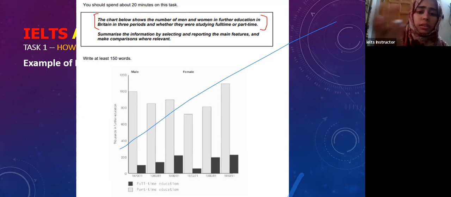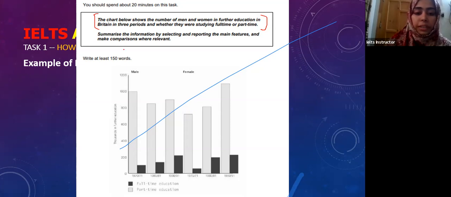So just use the same sentence, change the words, and you will be good to go. You can say that we are going to describe the trends of women and men for further education in 3 periods and whether they were studying full-time or part-time. Just rephrase the words and you are good with the introduction.